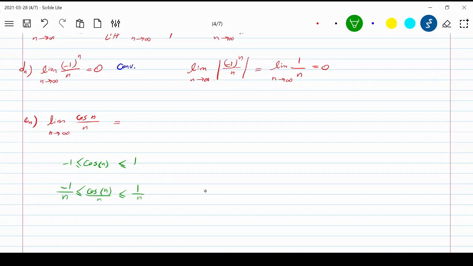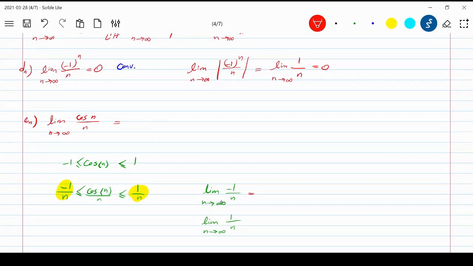So now let's calculate the limit of the outside sequences, 1 over n and negative 1 over n, to see what happens to these two limits.